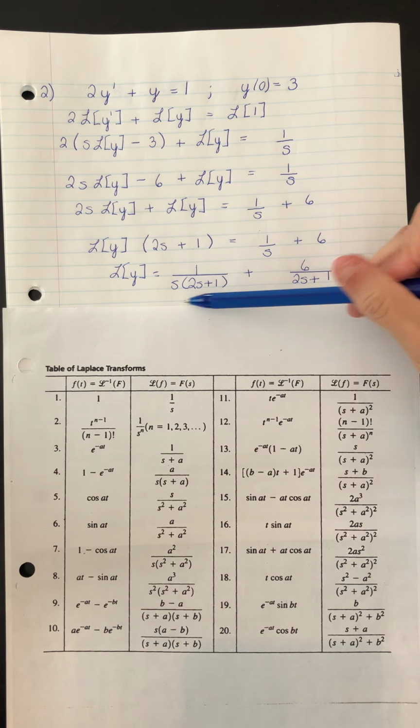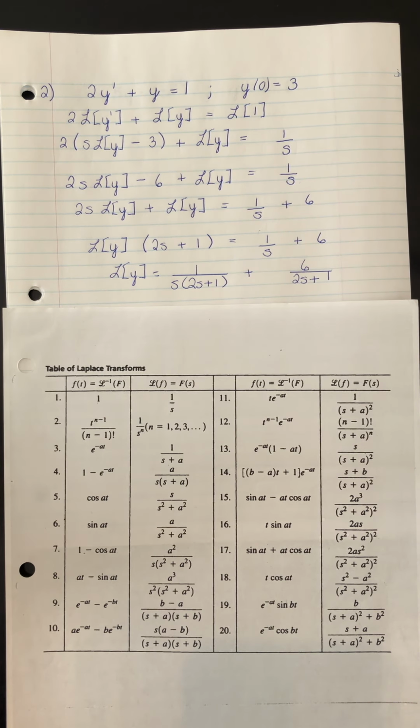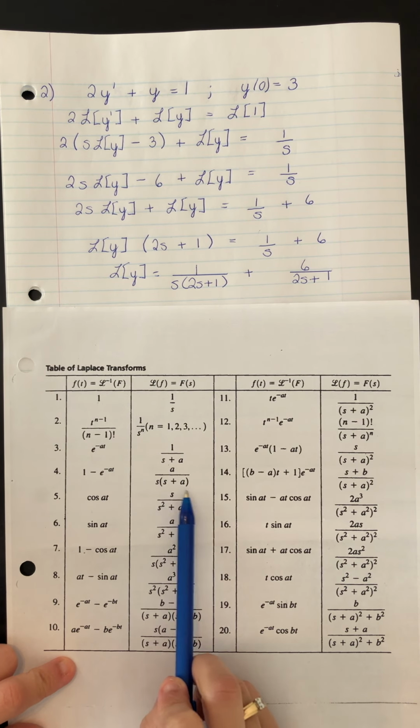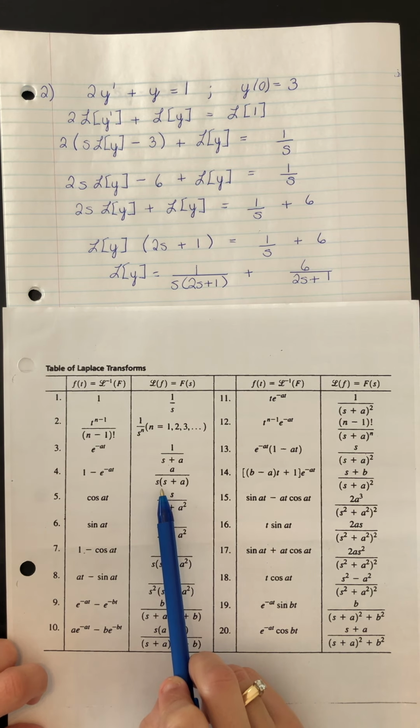What about this one then? It has s and then multiplication by 2s plus 1. That will actually be number 4. But again, we have to have a coefficient of 1 here on s before we use number 4.